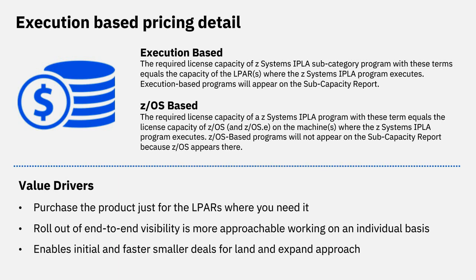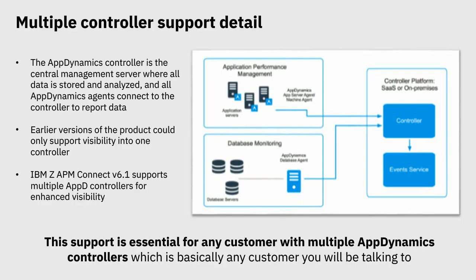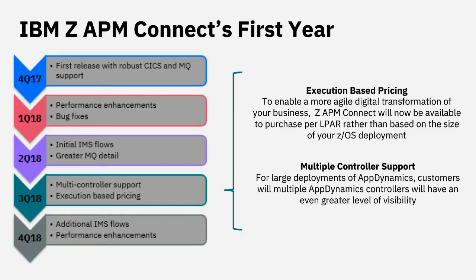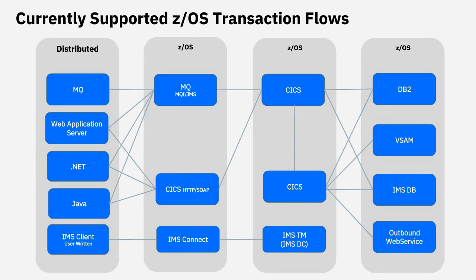I'll touch a little bit and go back a few slides to the flows that we are currently supporting. We are continuing throughout 2019 to expand the number of flows that we support, really focusing on some of the most widely demanded pieces of development that we see our customers asking for.